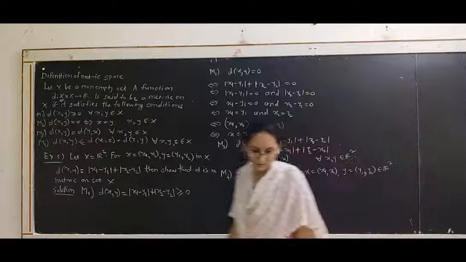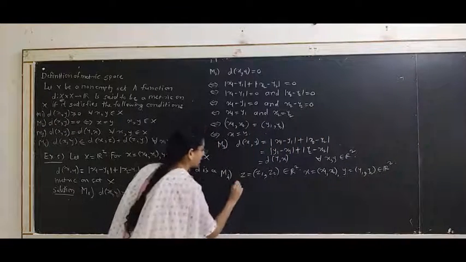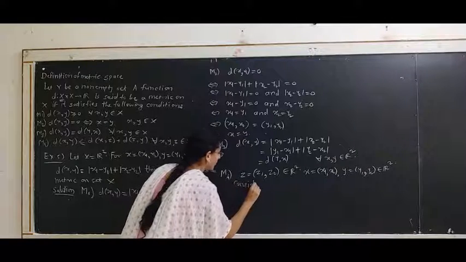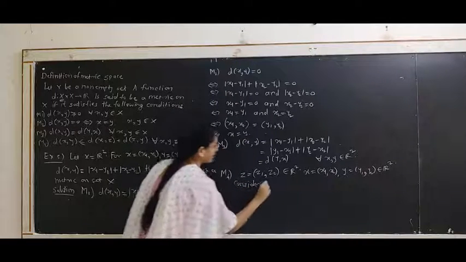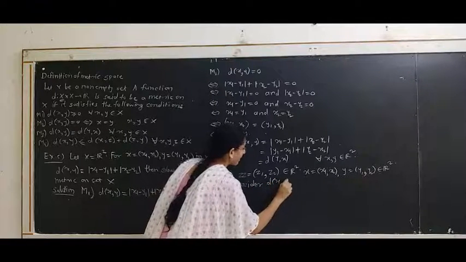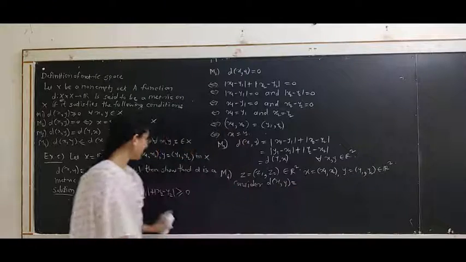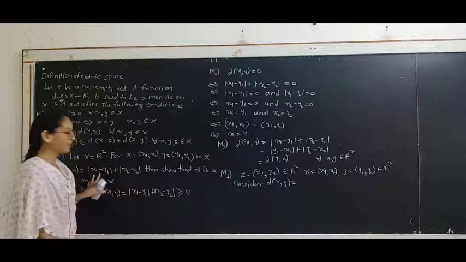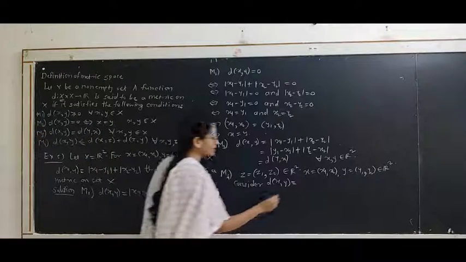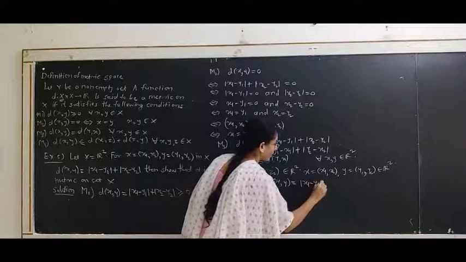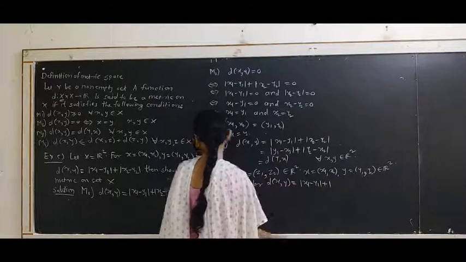Consider D of xy. By given definition of metric, D of xy is mod of x1 minus y1 plus mod of x2 minus y2.